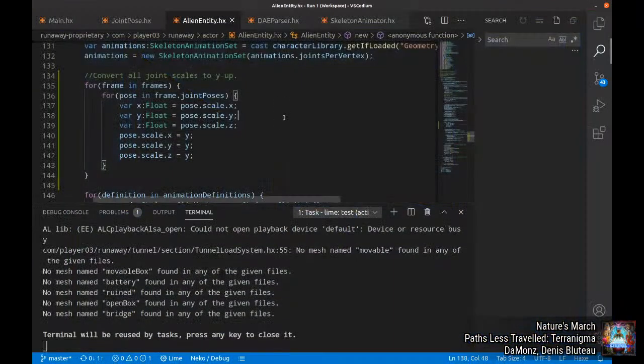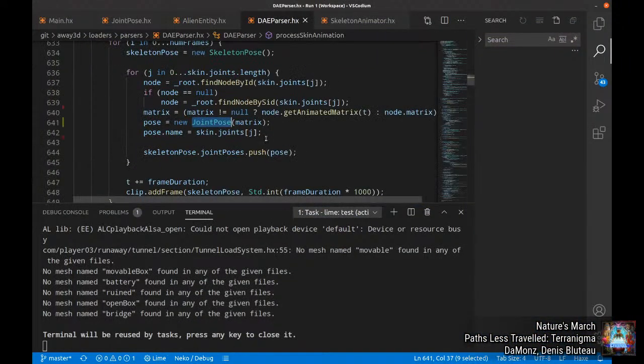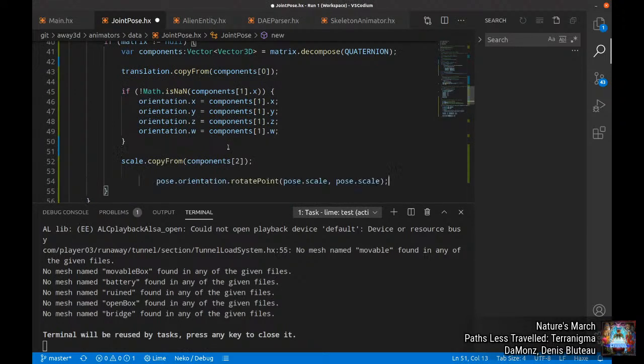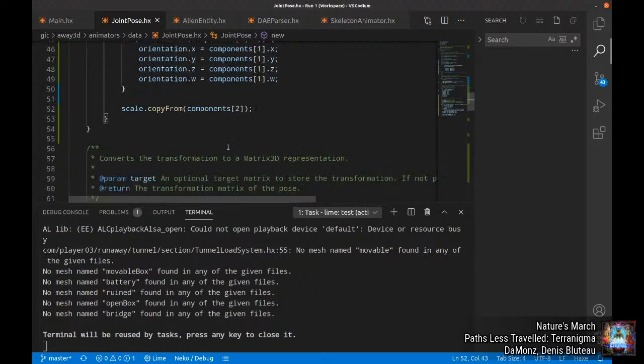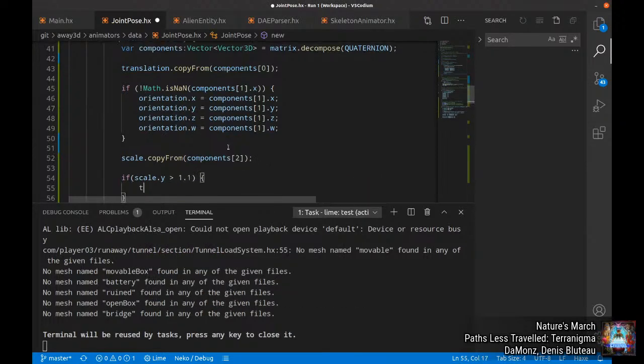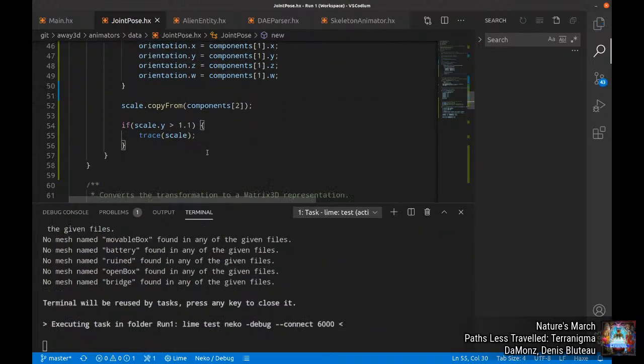Huh, it's not loading? It should be loading this.